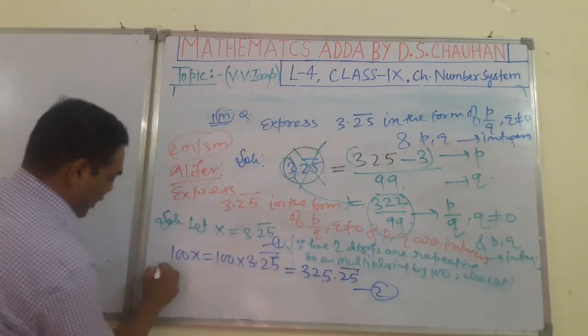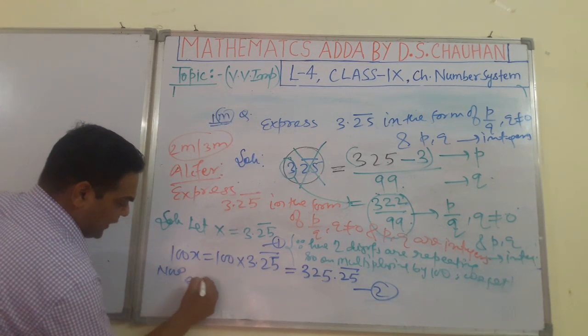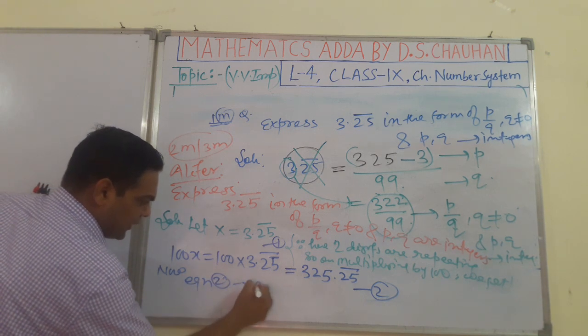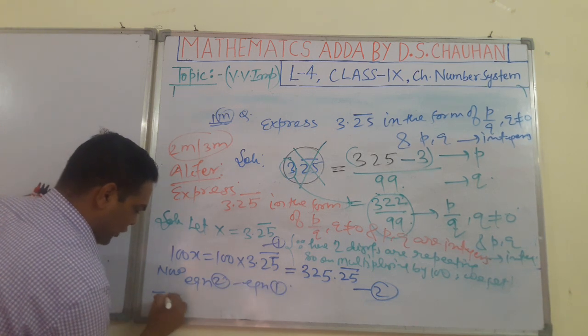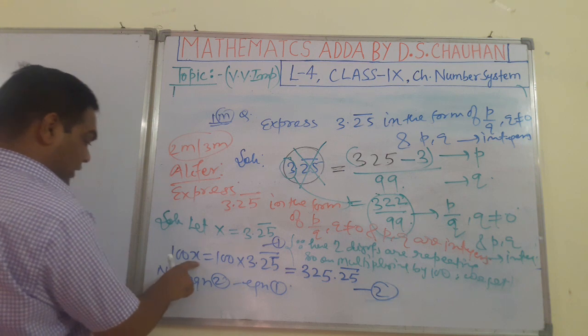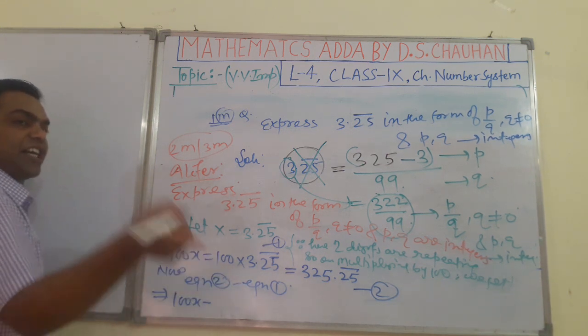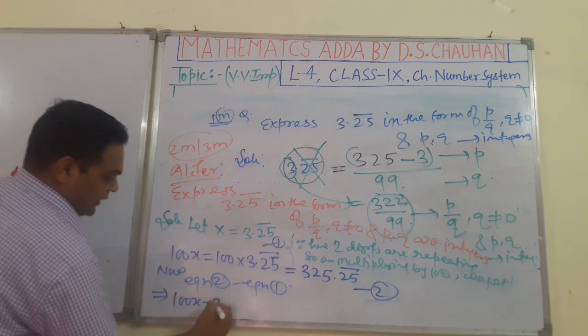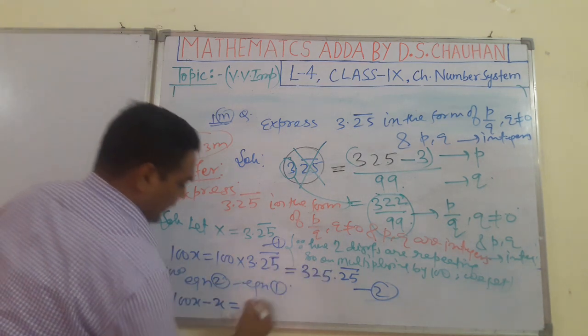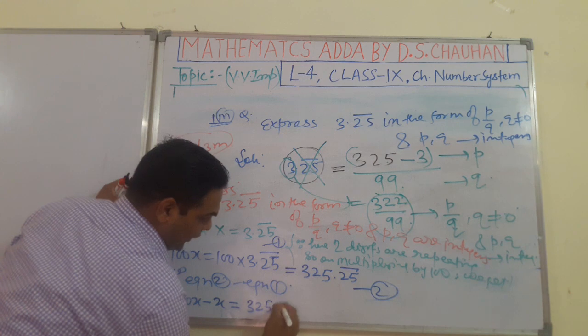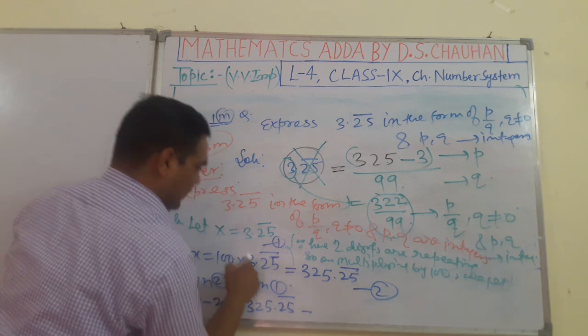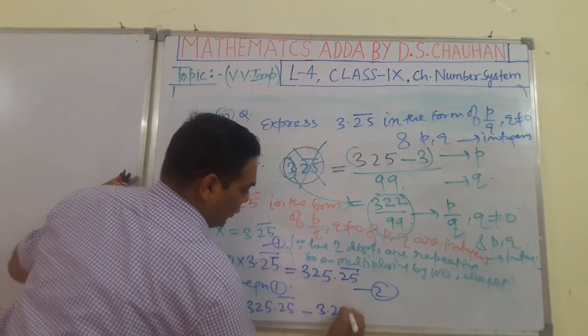Now what you will write? Equation 2 minus equation 1. Directly in this way you can note down. Left minus left, right minus right: 100x minus x equal to 325.25 bar minus 3.25 bar.